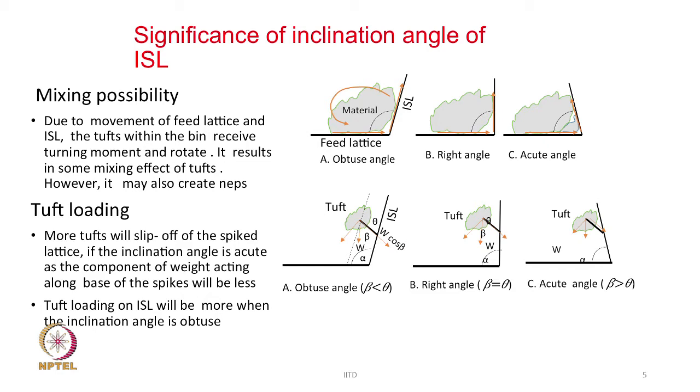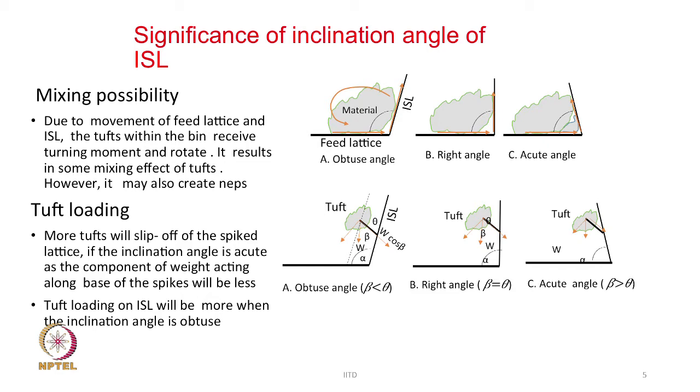Now, we will just discuss the significance of the inclination of the inclined spike lattice. We see in the diagram that the spike lattice angle is usually obtuse, but let us say what will happen if the angle is a right angle or an acute angle. There are two things that are important here.